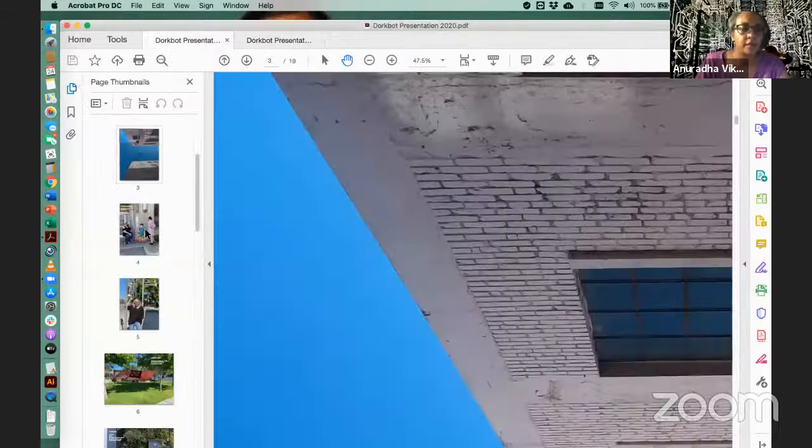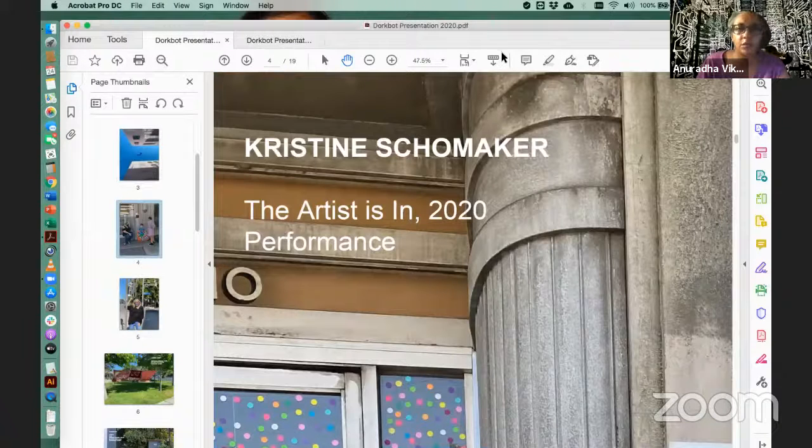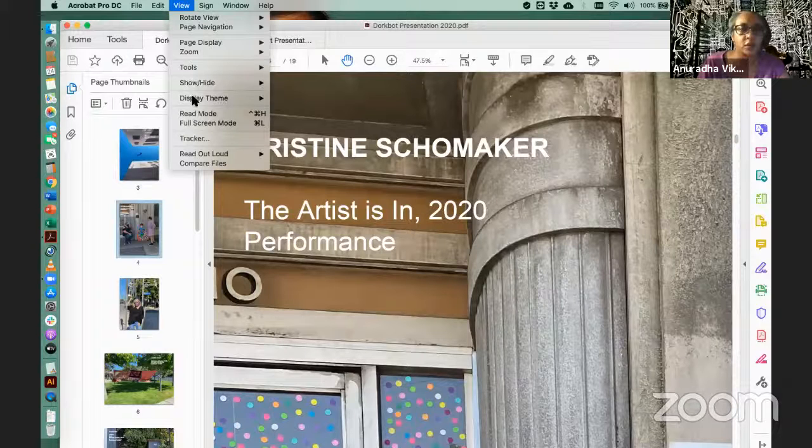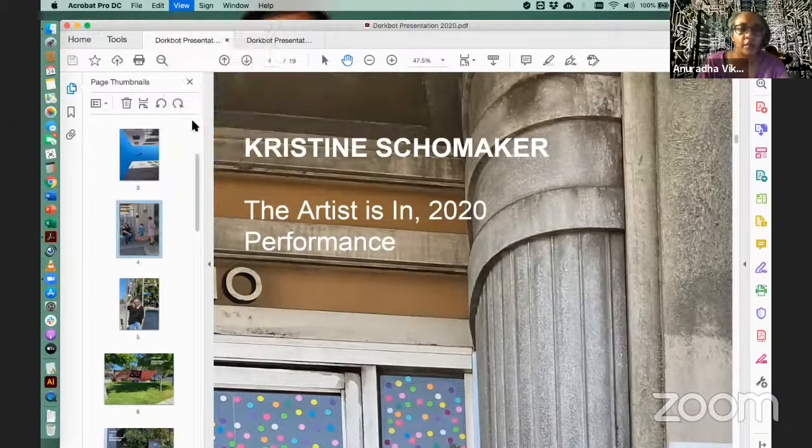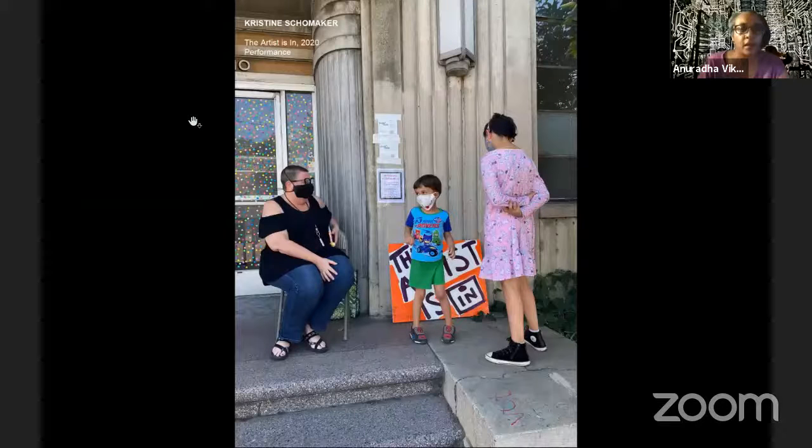And then some artists really wanted to work in a social way and responded to the isolation of the quarantine by creating ways to interact. So here's Christine Skowmaker with her project called The Artist Is In, based of course on the Peanuts cartoon and Lucy's little psychiatrist booth.